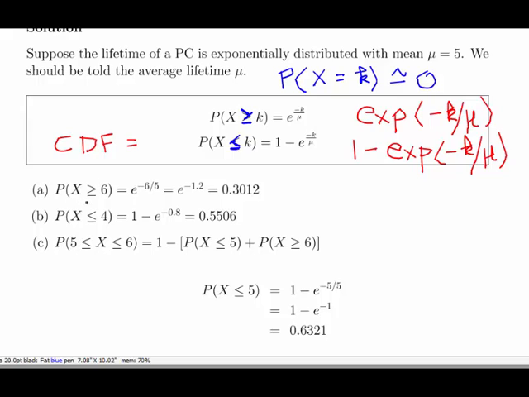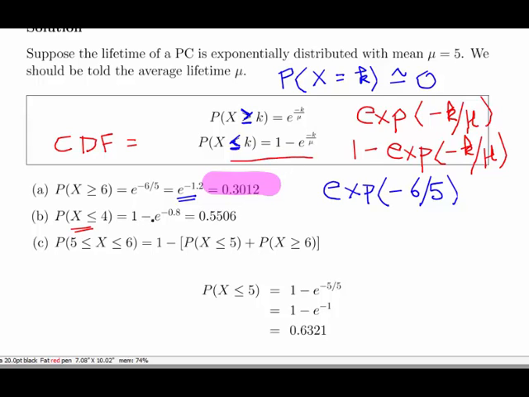Now, the first two questions are greater than 6 and less than 4. In the first case, it's the exponential of minus 6 over 5, which is the exponential of minus 1.2. With a little bit of calculator work, that works out to be 30.12%, 0.3012. The second question asks us the probability of x less than or equal to 4, and that is using this expression here.